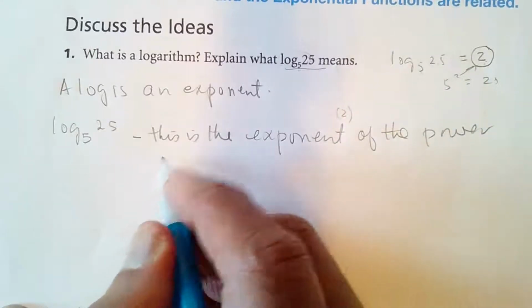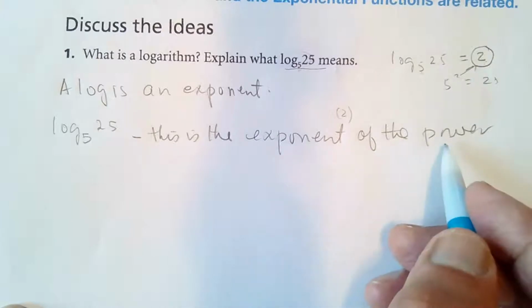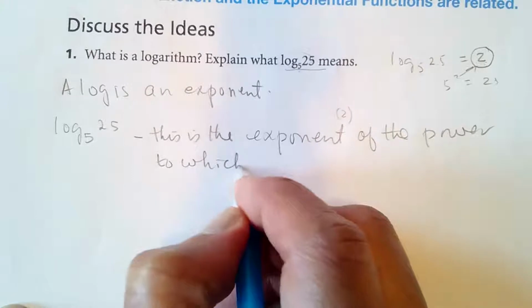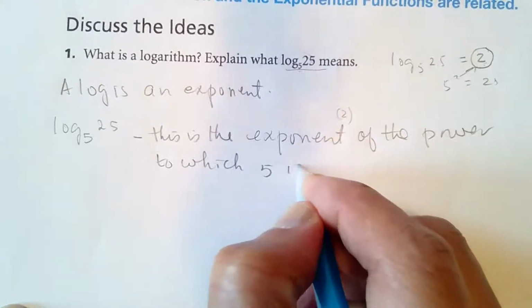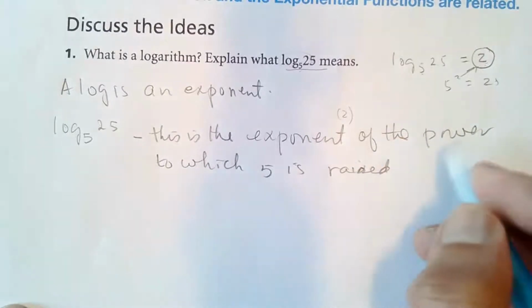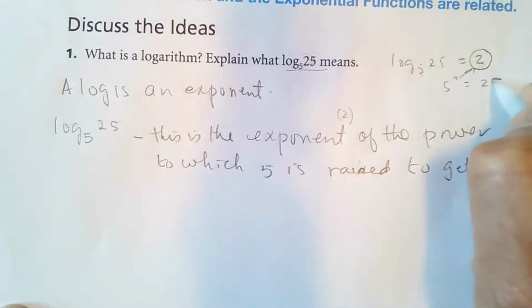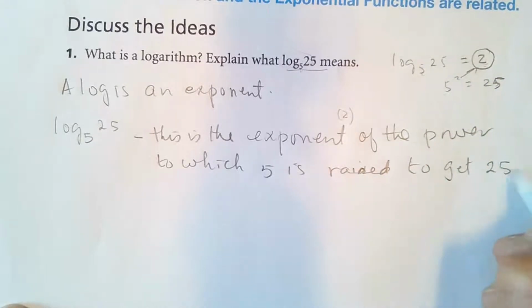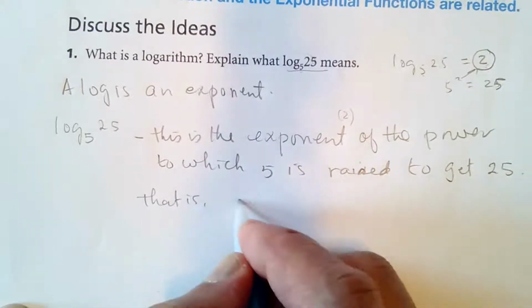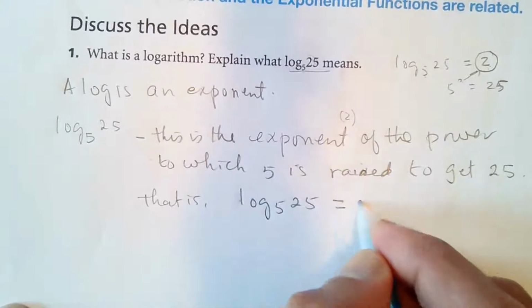This is the exponent of the power to which 5 is raised to get 25. So we can conclude log base 5 of 25 is equal to 2.